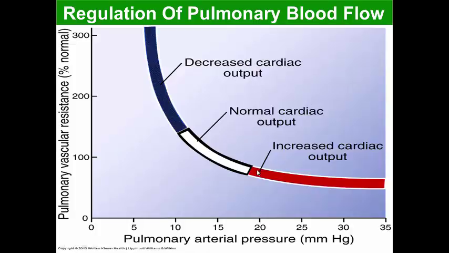Can you see here? As the cardiac output increases, we might expect an increase in the pulmonary arterial pressure. But the pulmonary arterial pressure does not increase much. It increases only very slightly. Why? Because with the increased cardiac output, the pulmonary vascular resistance is low.